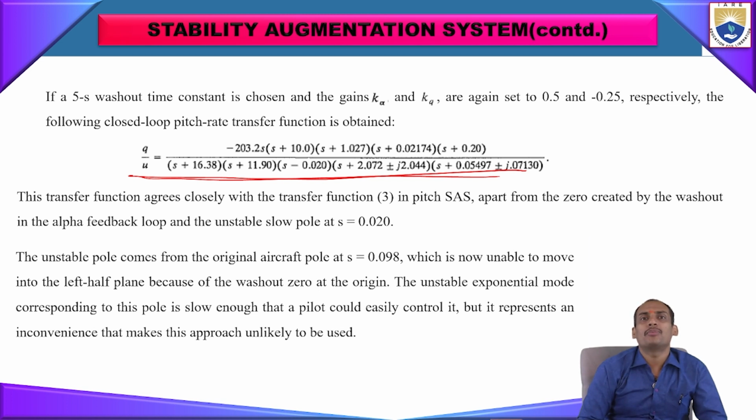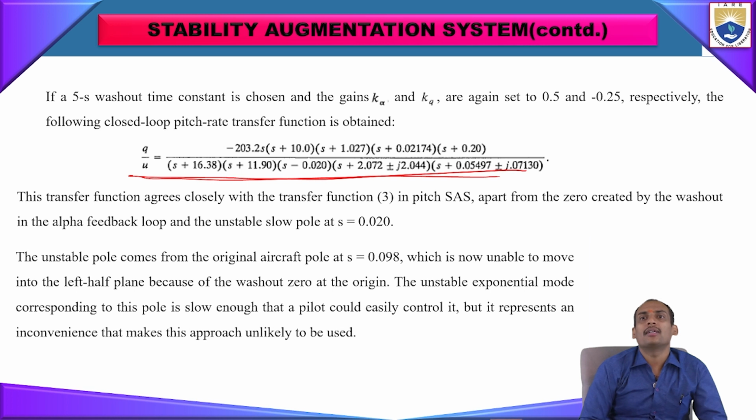So that unstable pole comes from the original pole at s equal to 0.098, which is now unable to move to the left half plane, because of the washout zero at the origin.